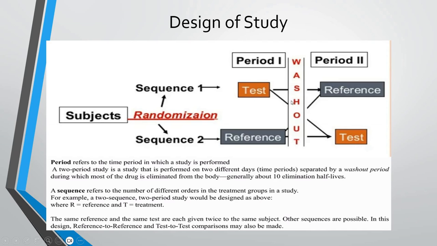So you can say that out of your subjects, 50% will be in sequence A, who will receive test and reference both, and 50% in sequence 2, who will also receive test and reference both, but in a different period. So every subject here has test and reference administered. And that's the design part. We have controlled the maximum bias, and any external source which can have an effect on the outcome is controlled in this design.